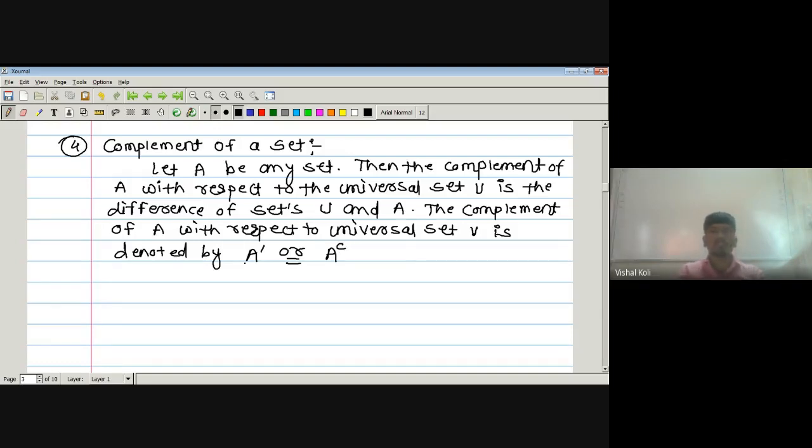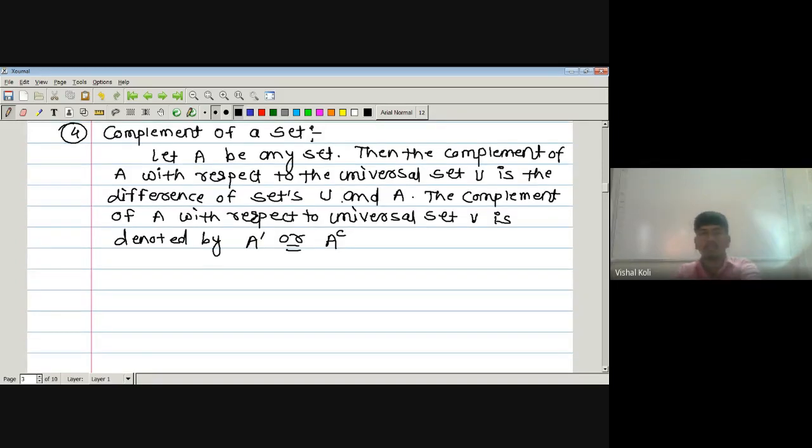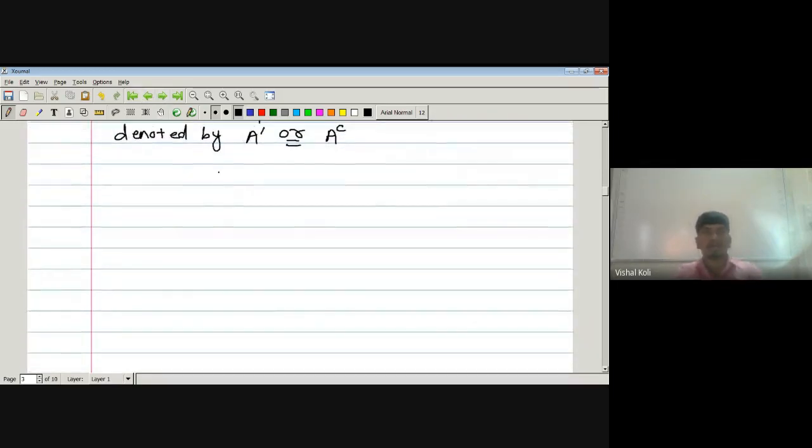These are the two symbols which can be used to denote the complement of any set A. Suppose we have one set A, then what is its complement? As A is a set, it must be a subset of its universal set. Then if we find U minus A, the region U minus A is nothing but the complement of set A. So see its diagram.